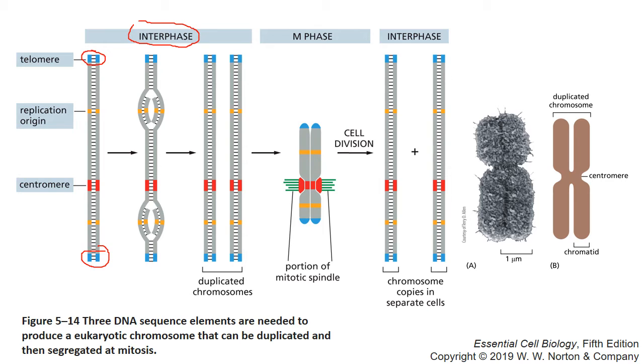You have multiple replication origins, here indicated by yellow. The replication origin is basically the location where we're going to see our first signs of DNA replication.